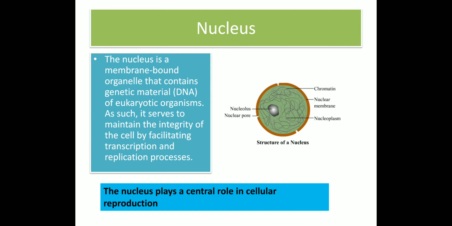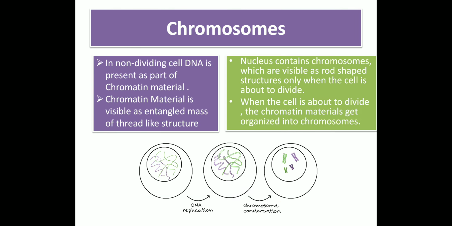So, what is the nucleus? The nucleus is central in cell reproduction. It is also referred to as the brain of the cell. Its most important function is that it helps in the replication process, or cell division. The nucleus has a nuclear membrane.